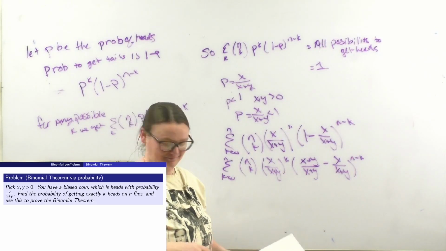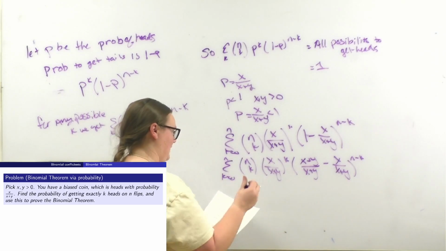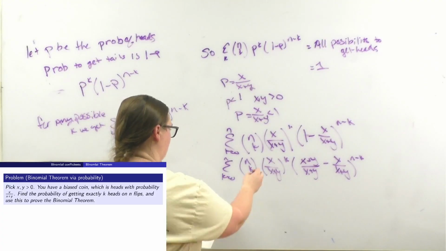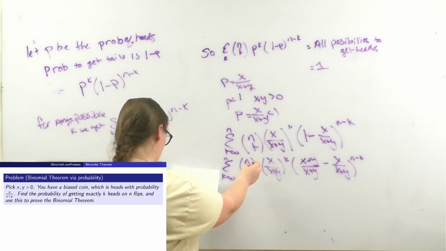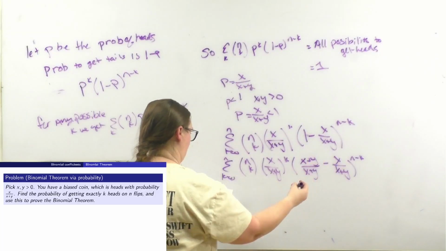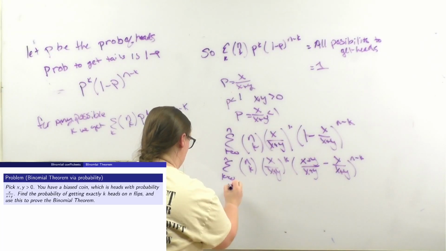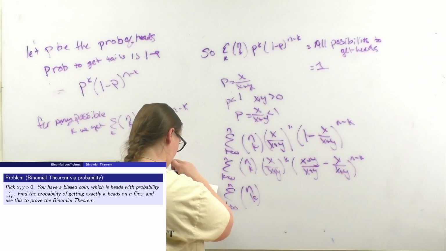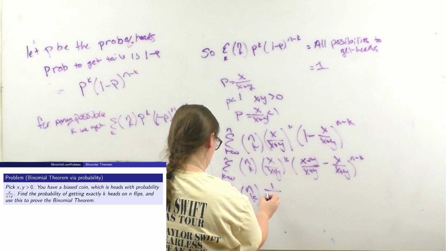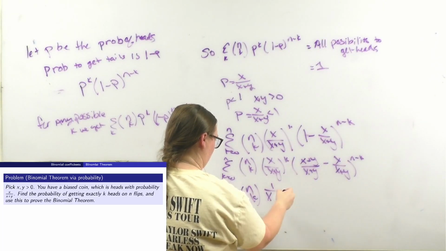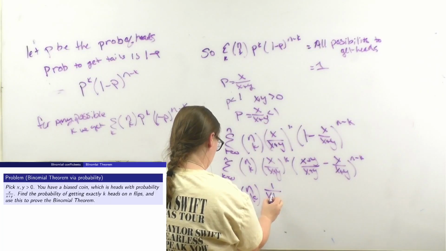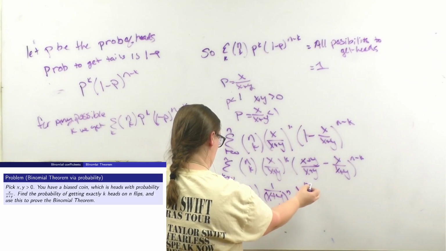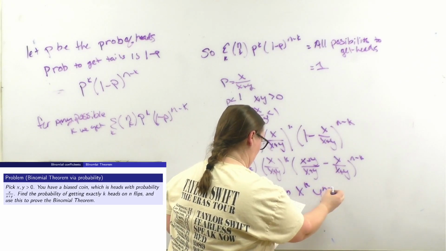Okay, so then we get that, and this simplifies down, and then we can distribute this in here. So we get the sum from k equals 0 to n of n choose k, 1 over x plus y to the n, x to the k, y to the n minus k, and that equals 1. I feel bad that I'm kind of hand waving this step here, but it all works.